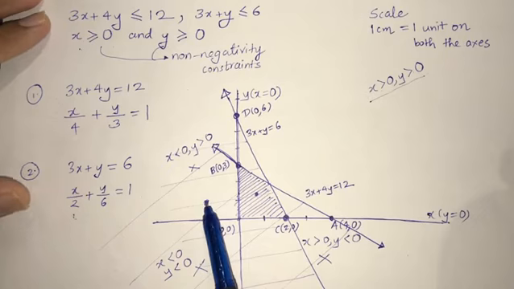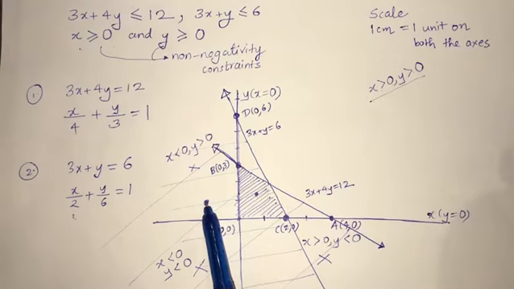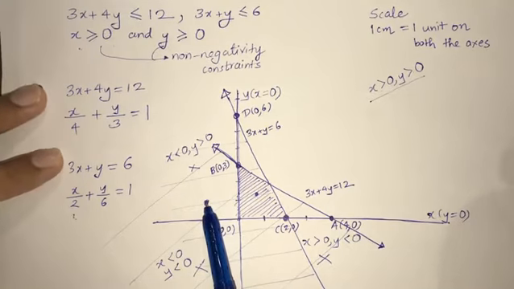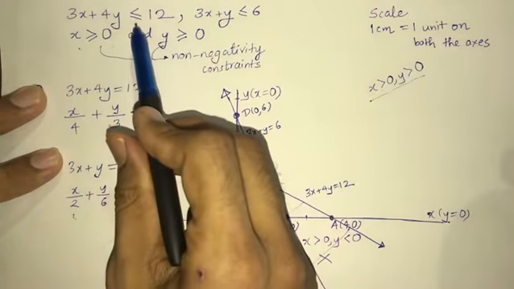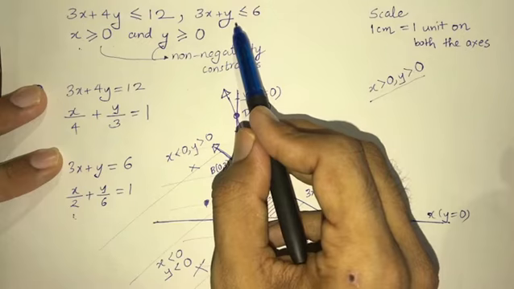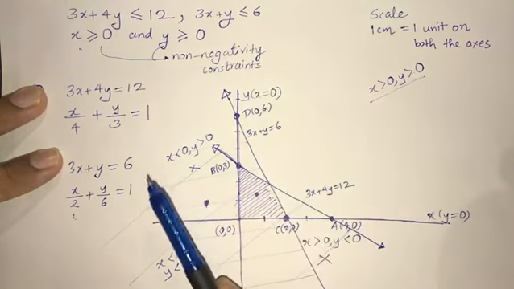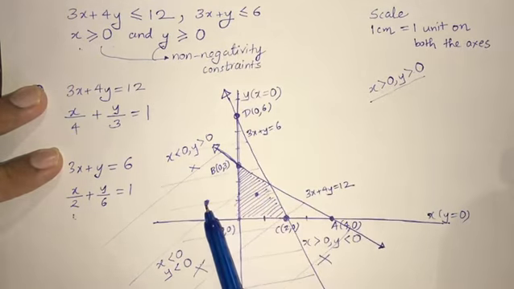You take a point here, this point. This point also satisfies both the inequalities. It will satisfy 3x plus 4y less than 12, and 3x plus y less than 6. Yes, it will satisfy, but it fails to satisfy x greater than 0.